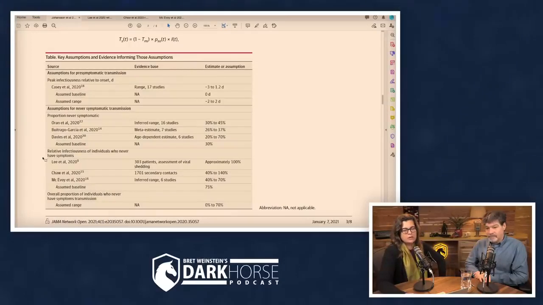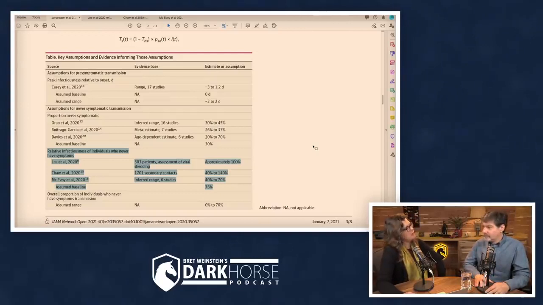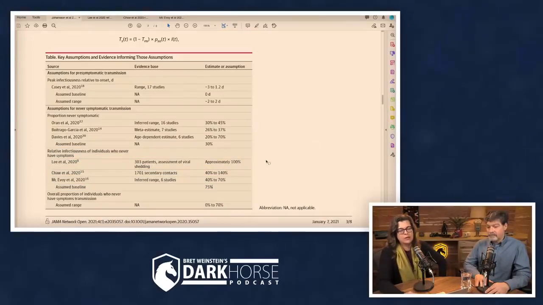And here we're going to look at the section right here, relative infectiousness of individuals who never have symptoms. And here we have these three references again. Lee et al., which is reference 9, they say they looked at 303 patients and found approximately 100% as infectious. Wow, okay, then 75% seems like a decent estimate, okay.